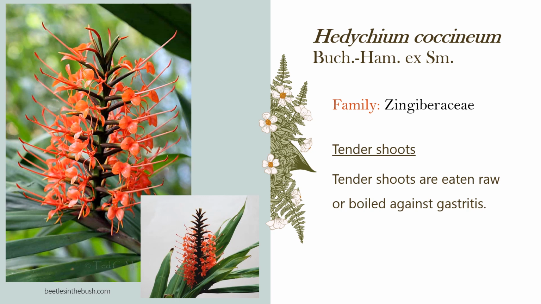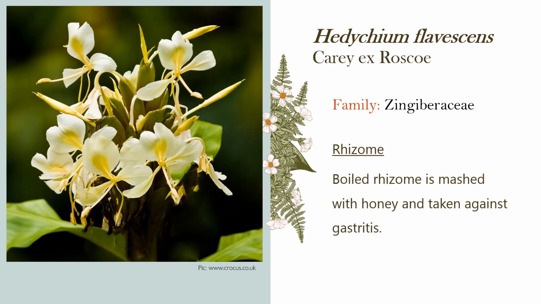There are different species of Hedychium, a huge diversity of the Zingiberaceae family in the whole of Northeast India, and each one of them has a high medicinal value. In this case, this is Hedychium coccineum. The tender shoots are used, and they can be eaten raw or boiled to reduce the problems of gastritis.